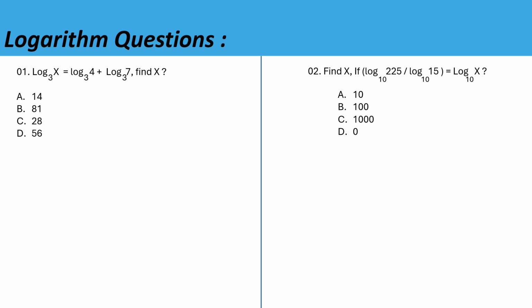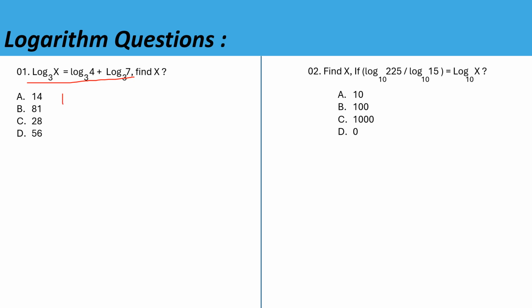So first one is log of x to the base 3 is equal to log of 4 to the base 3 plus log of 7 to the base 3. Then we have to find x. We have been given this equation, right? So what logarithmic property we are going to be using is the logarithmic addition rule or product rule.